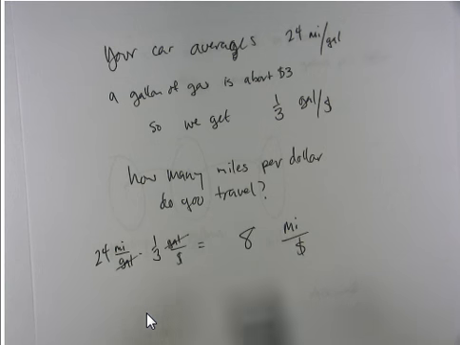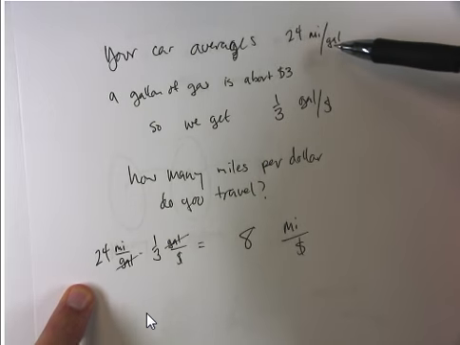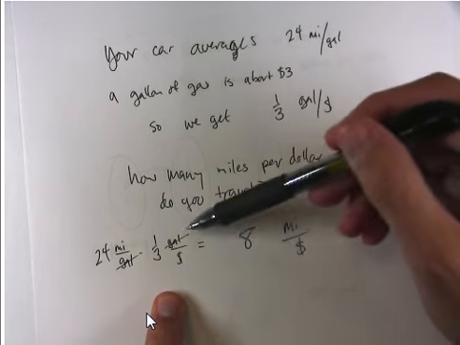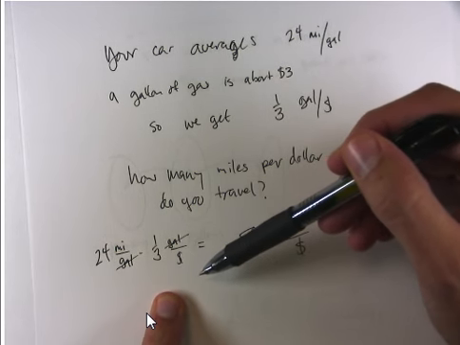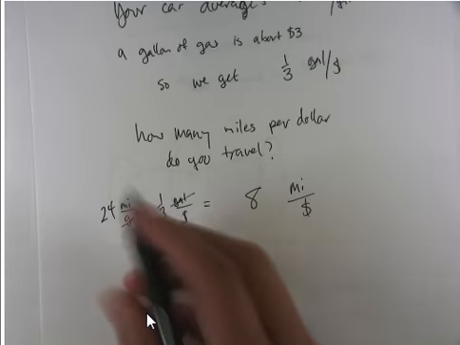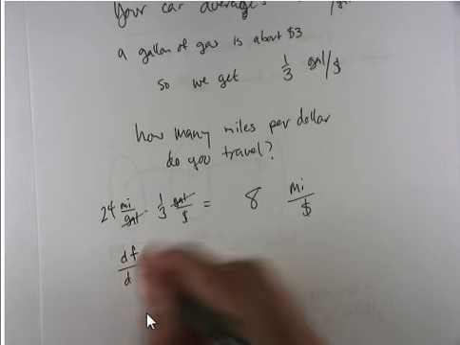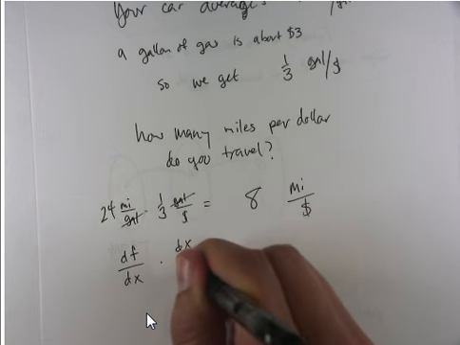So multiplication is happening. And this is the rate of change. This is how distance is changing with respect to gallons I've put in, and this is how gallons are changing with respect to the money that I put in. This is the derivative of f with respect to x, and this is the derivative of x with respect to m.